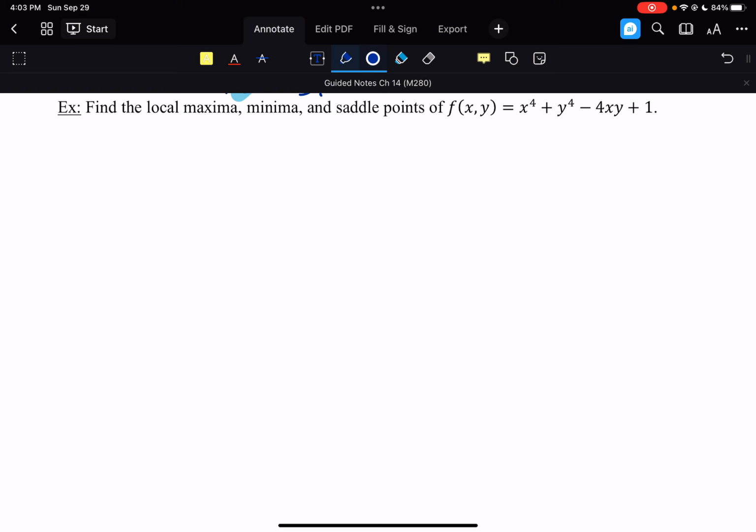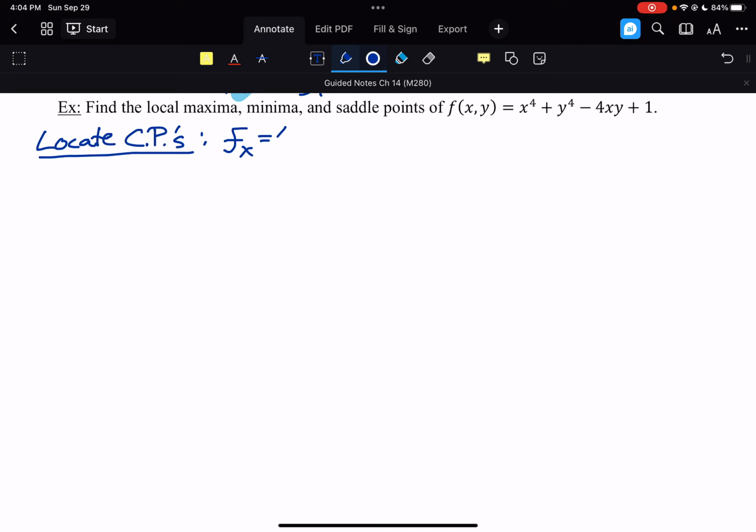Find the local maxima, minima, and saddle points for this function f of xy equals x to the fourth plus y to the fourth minus 4xy plus 1. So first thing we need to do is locate the critical points. So we're going to take the partial derivatives.